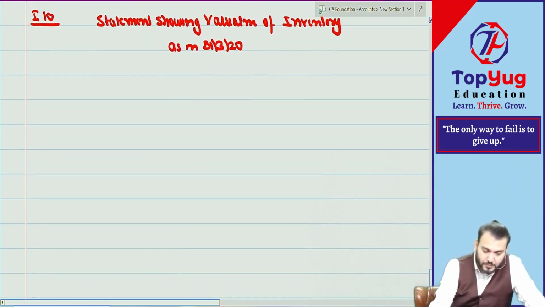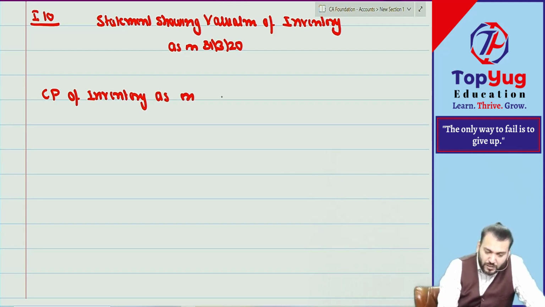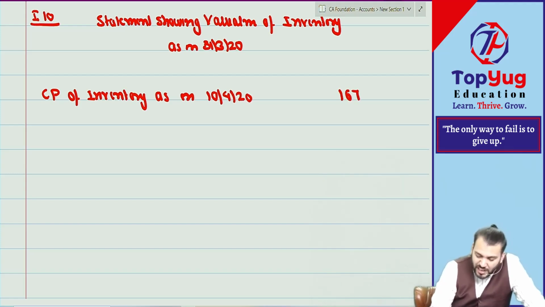What is the cost price of inventory as on the stock taking date, 10/4/2020? It is 16,75,000.